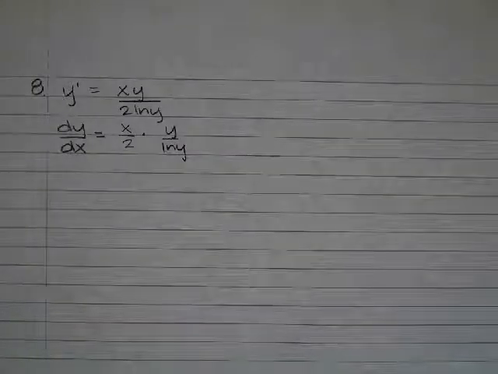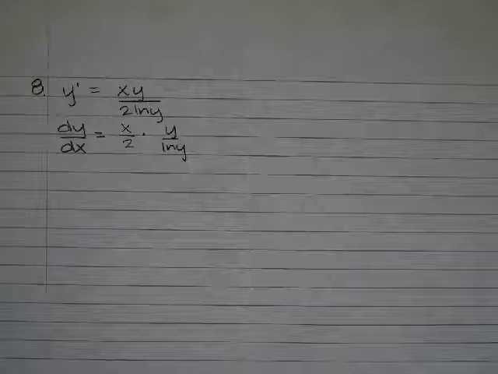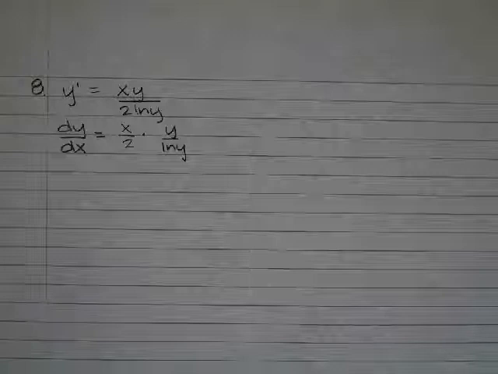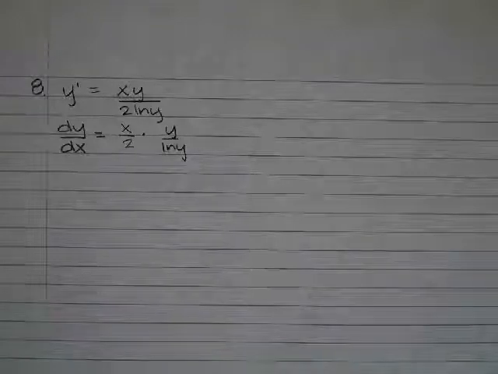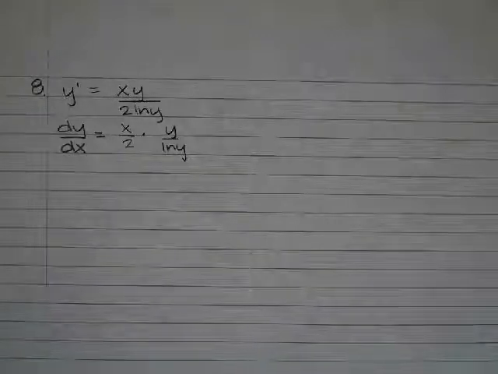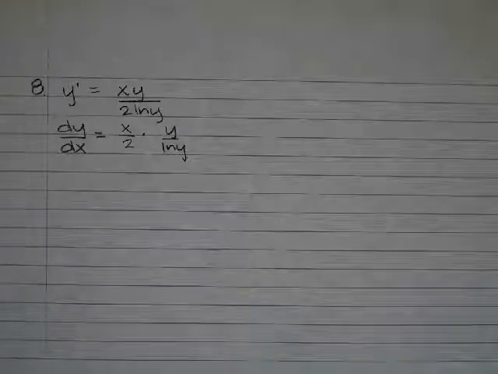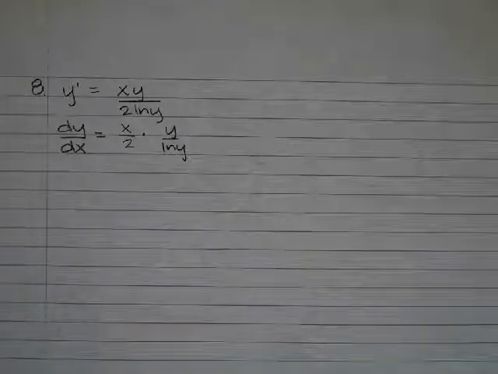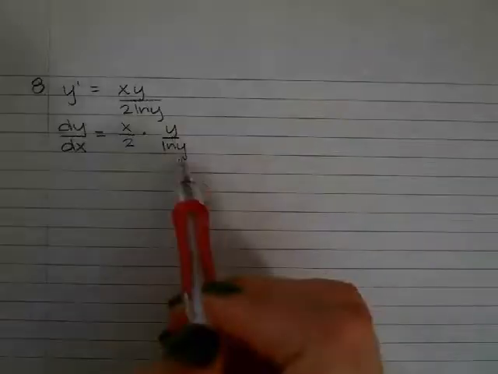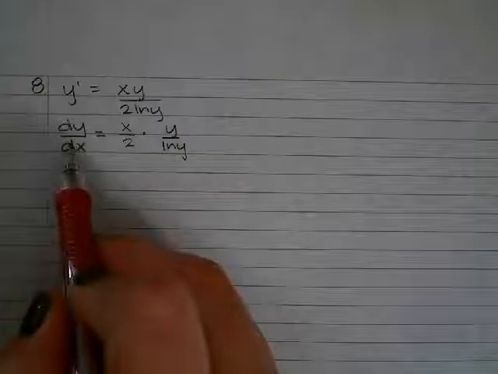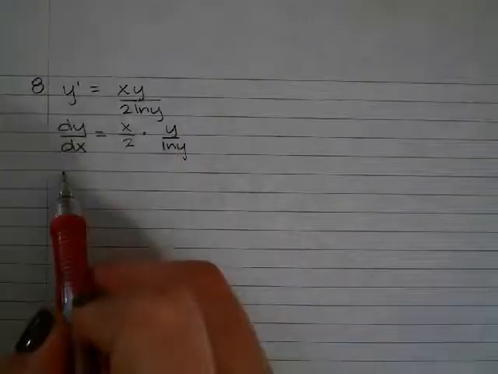Okay. So what do I need to start doing so that I can separate these things? Think in terms of like I'm integrating. I've got something with the dy, I've got something with the dx, I can integrate both sides, all of that. What do I need to do? Okay. So when I take the y's and move them to the left side, what is the left side going to look like?